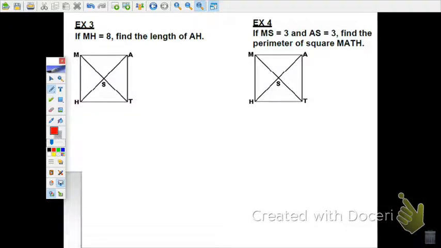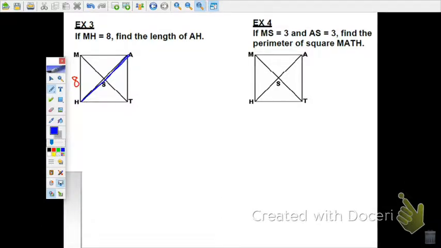In example 3, we are told that MH equals 8. We are looking for the length of AH. This one's a little bit trickier. So if we know one of the sides has a length of 8, what do we know about the other sides?